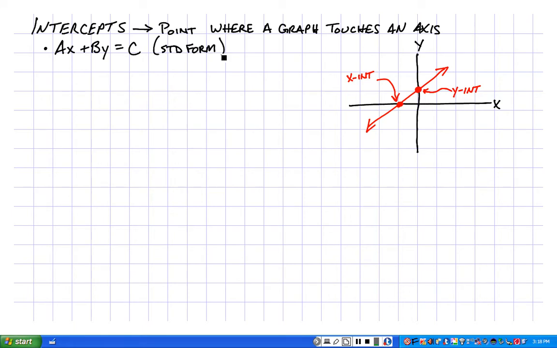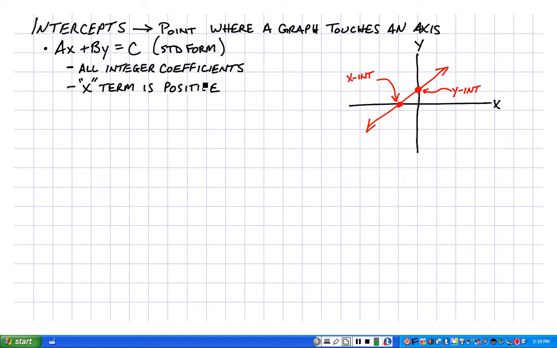A couple things we need to know: first, we want all integer coefficients, and we want to make sure the x term is positive.